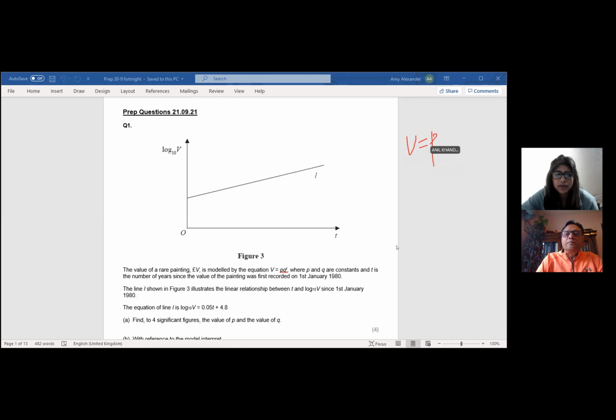The line L shown in figure 3 illustrates the linear relationship between T and log 10 of V since the 1st of January 1980. The equation of the line L is log 10 V equals 0.05T plus 4.8. Part A, find, to four significant figures, the value of P and the value of Q.